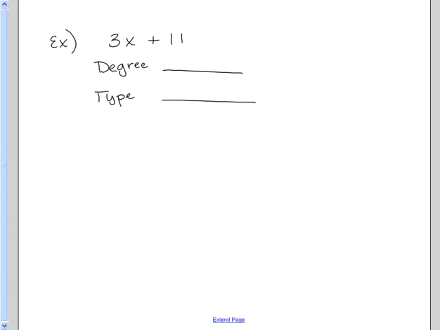Okay, so again, individually, 3x has a degree of 1, 11 has a degree of 0, so the degree of my polynomial would be 1. How many terms does this polynomial have? 3x is a term, 11 is a term, so it has 2 terms, which would be a binomial.